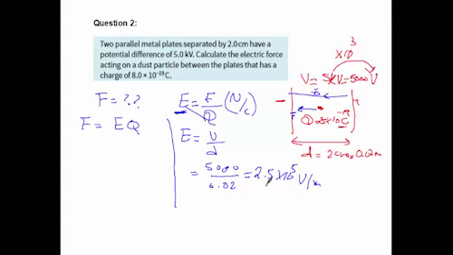So let's substitute the value of E in this equation. We have 2.5 times 10 to the 5, and our Q is 8 times 10 to the minus 19, and this is going to give us 2 times 10 to the minus 13 Newton. We are calculating F.